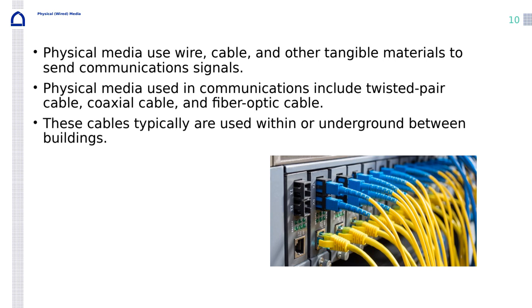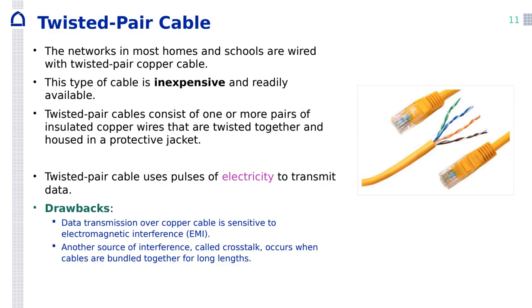Good revision for this chapter. All right? But it's important, okay? So here we have the twisted pair cable, as I explained last class. This is the twisted pair, and it is cheap and uses pulses of electricity.